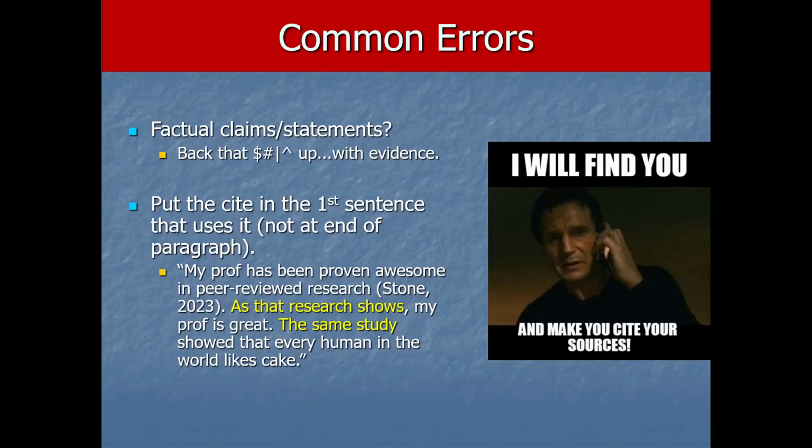Or if you just mentioned Bob and Juan's study in the last sentence, and the next sentence continues, they also analyzed gender and age differences, it's pretty clear we're still talking about the same study, so no need to cite it again. Just make sure it's clear to the reader what you're referring to in any given sentence, whether you make that clear by context or by citing again if it's necessary for clarity.